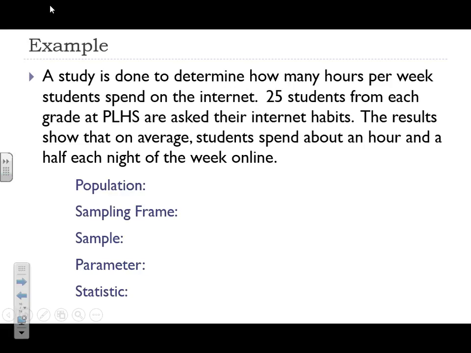And then what's the statistic value? So remember, if it's a parameter or statistic, you may not know one or the other, but you should be able to figure out the other one. So using that scenario there, I want you to answer those 5 pieces. You want to get together and work with someone, talk it out?